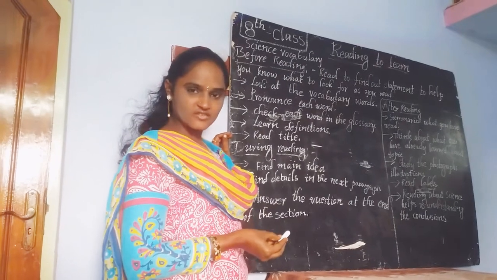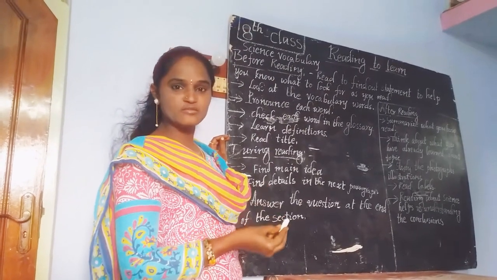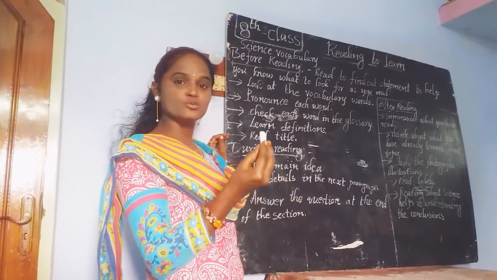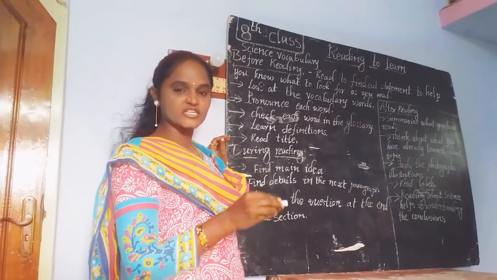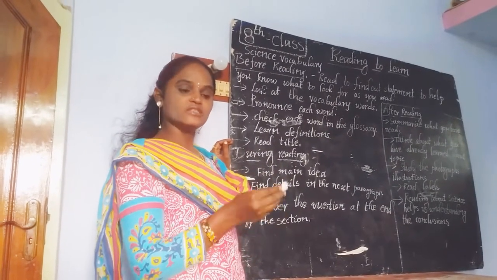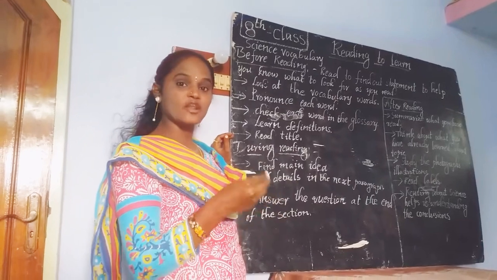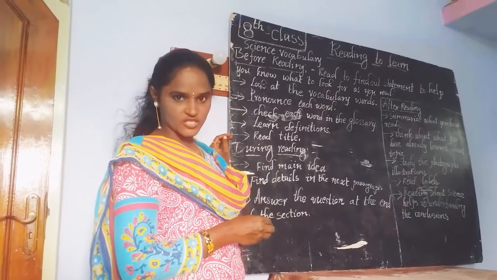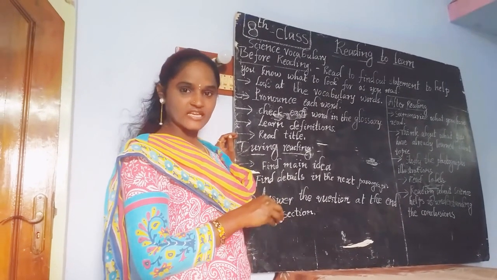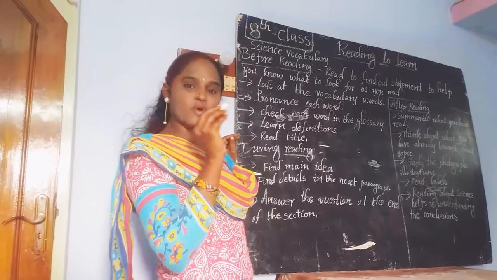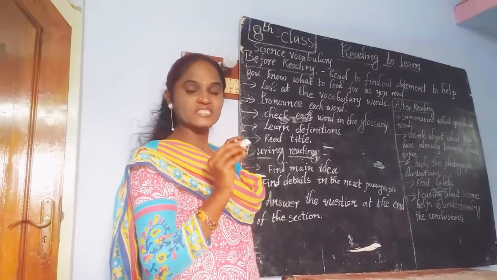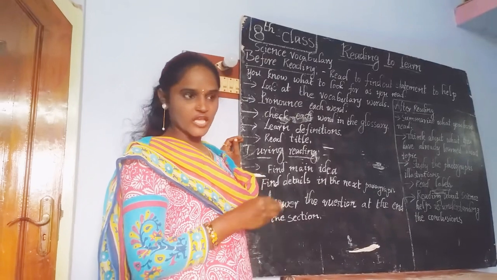Generally, scientists used to read many things related to their investigation. They read many books. They gather a lot of information. Here the scientists need to know the meanings of science vocabulary.